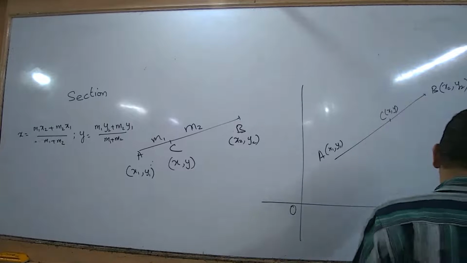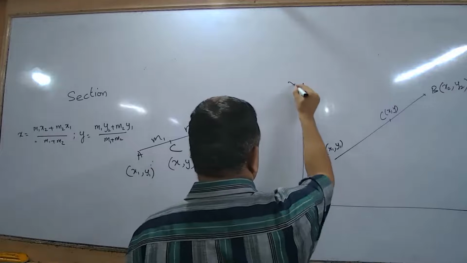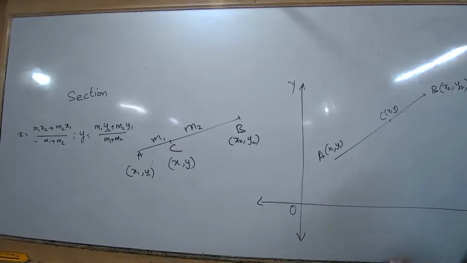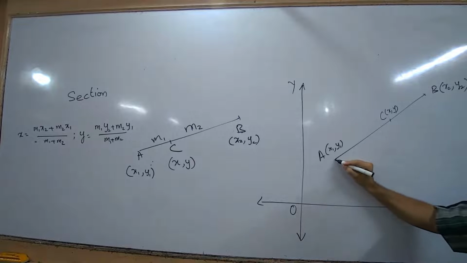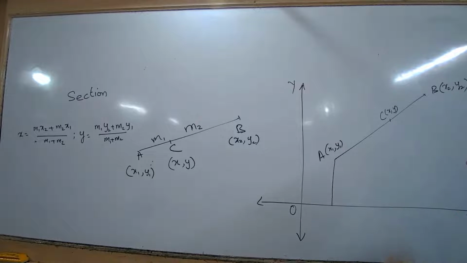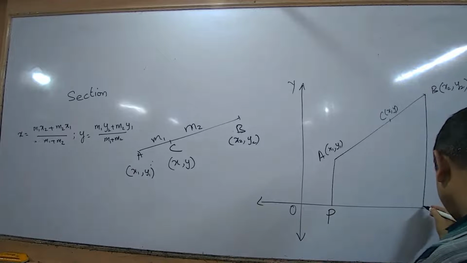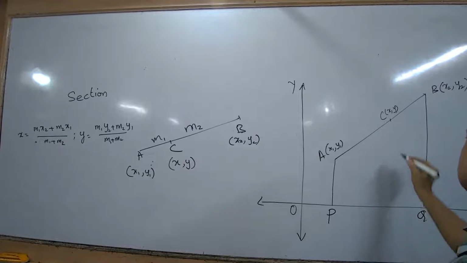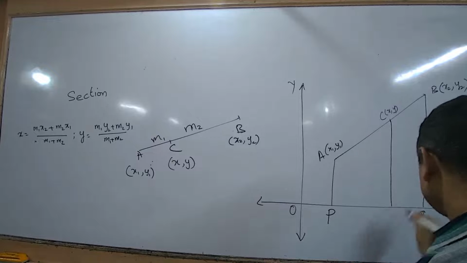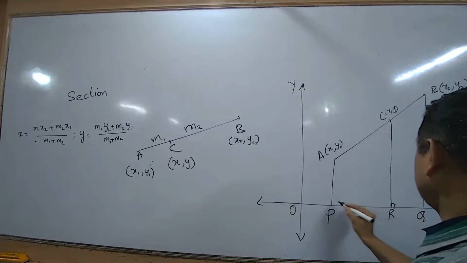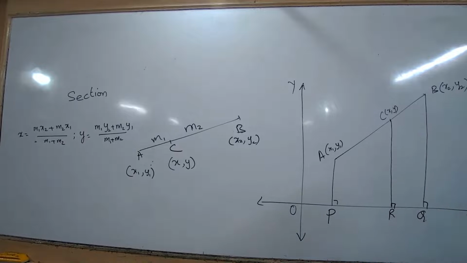This is the x-axis. Now I'm drawing a perpendicular over here, meeting at the point P. This side, I join the perpendicular, meeting at the point Q. And this one at the point R. These perpendiculars are dropped.